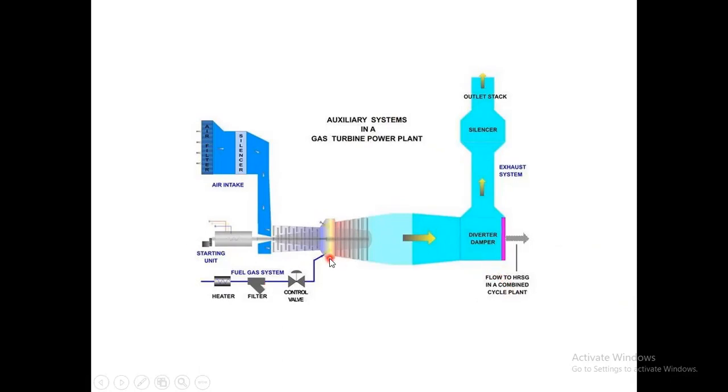In this section of the turbine, you can see a heater, filter, and control valve also available to adjust the required fuel gas from this way to inlet in the primary and secondary subsections of the turbine. At the end, the common shaft, which is coupled with the generator, turns the generator in this way to produce electricity and provide the supply to the transformer further.